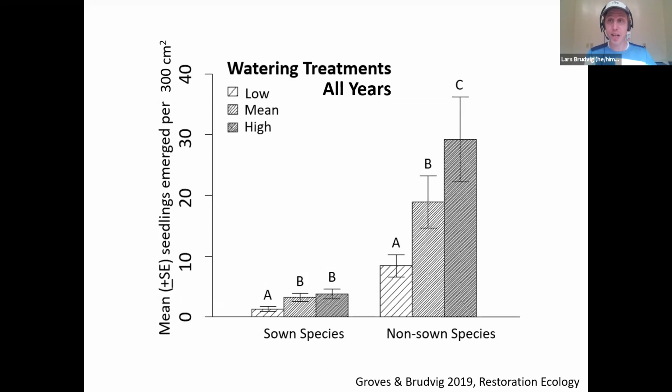So what this kind of suggested to us is that these weedy non-sown species are sort of like super responders to elevated rainfall. And this is a theme that will kind of play out through multiple aspects of our research.